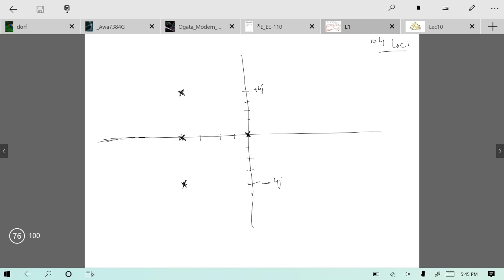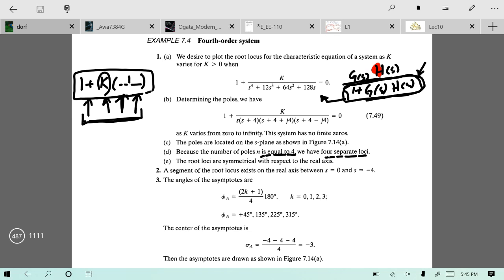Every root locus has symmetry around the real axis. Whatever the root locus is in the upper portion, the same will be in the lower portion. So we will make use of this property in this question as well. So the root loci are symmetrical with respect to the real axis.